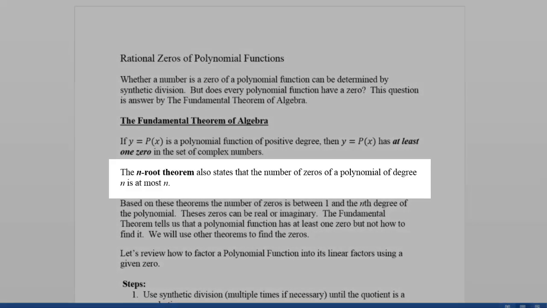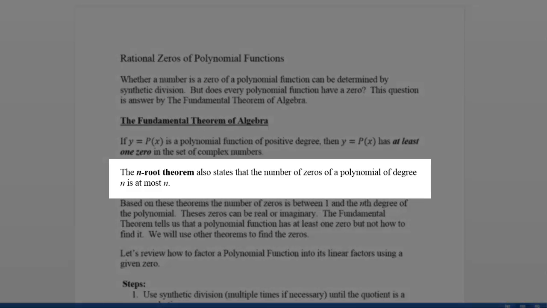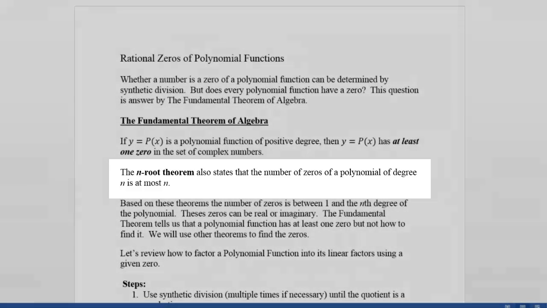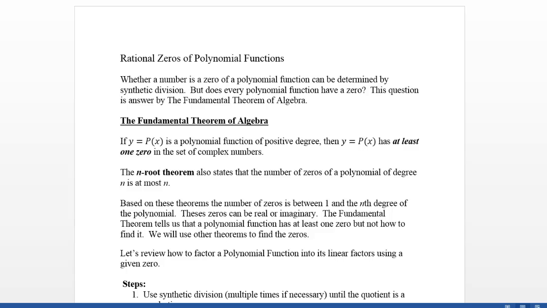The second theorem is something that we've informally discussed, and that's the nth root theorem, which tells us that whatever the degree of the polynomial is, it can have up to that number of zeros in the polynomial function. And we know that if we're solving equations, that's the number of solutions that we're looking for, but it doesn't necessarily have to have that many zeros.